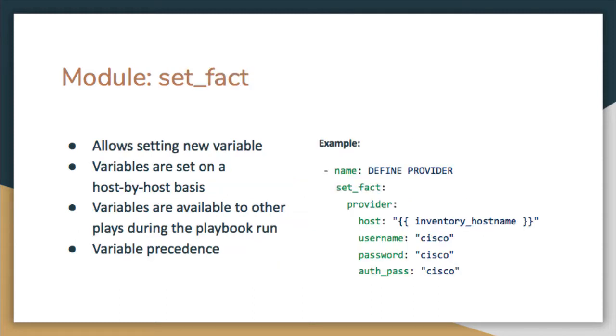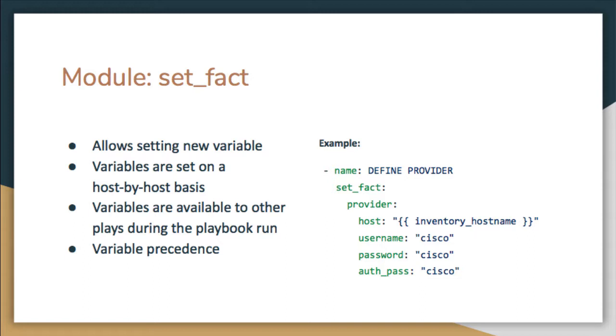The first module we're going to talk about is the set fact module. This is a utility module, and it allows you to set a new variable inside the playbook itself. These variables are set on a host by host basis as you go through the playbook, if you have a playbook that's running on multiple hosts, as most of you will.